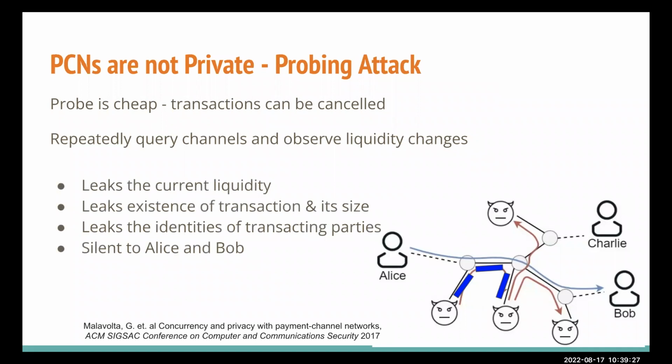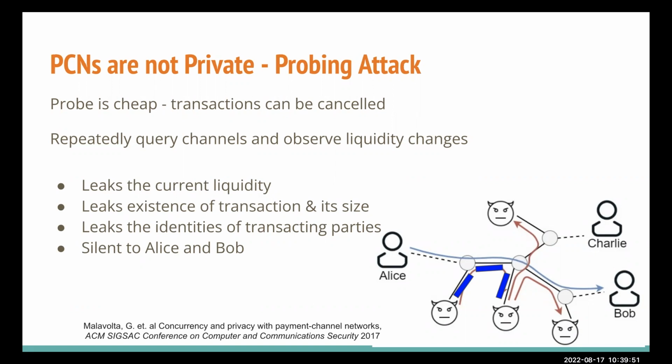This simple idea leaks a lot of different kinds of information about the network. It leaks the current liquidity of the channel, because we know how much money both sides lock, but we don't know how the money was transferred between the two parties. It leaks the existence of a transaction, that a transaction just happened.